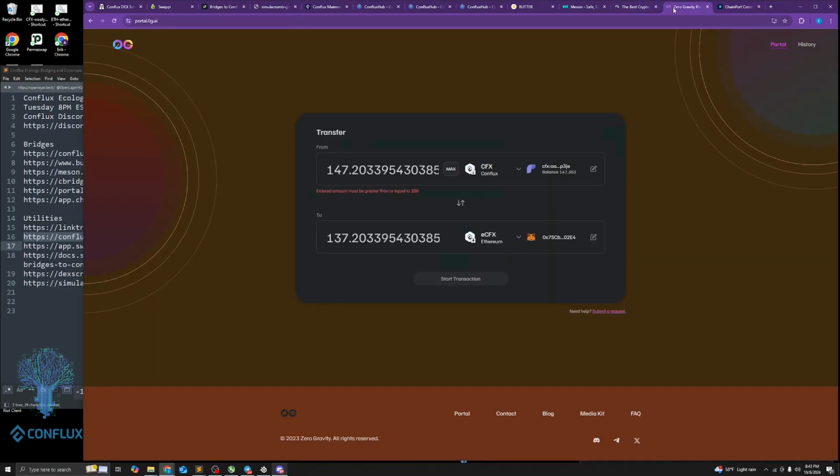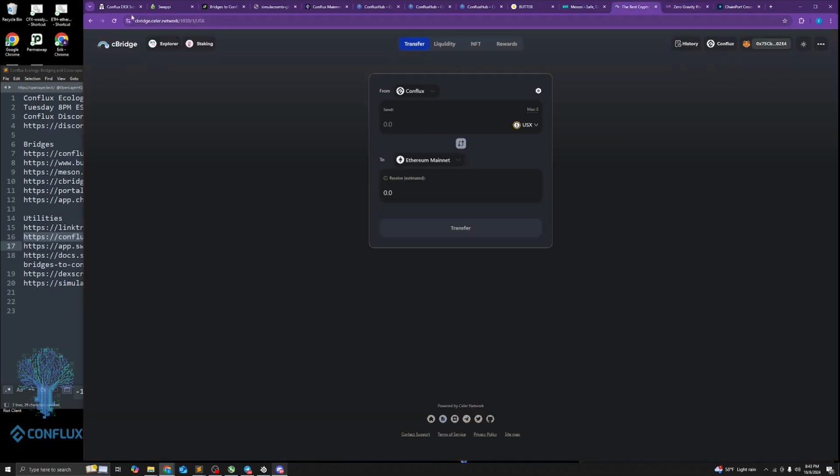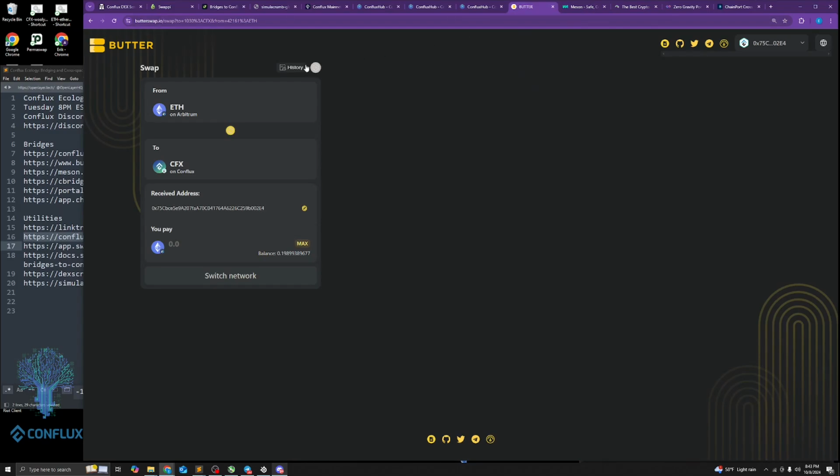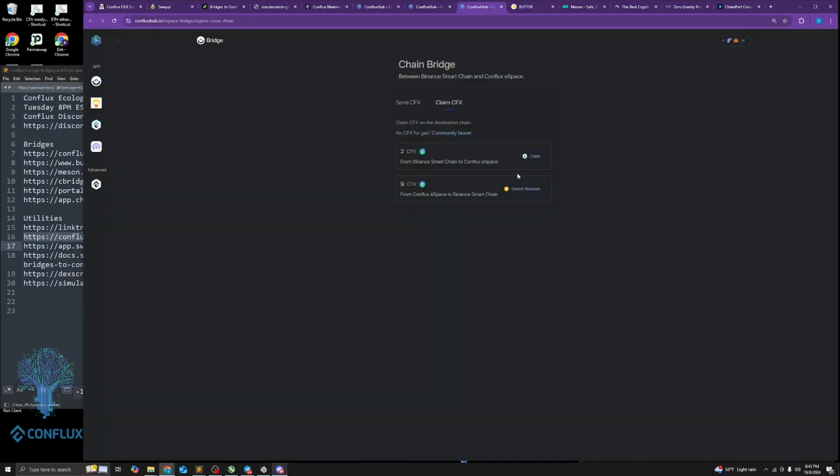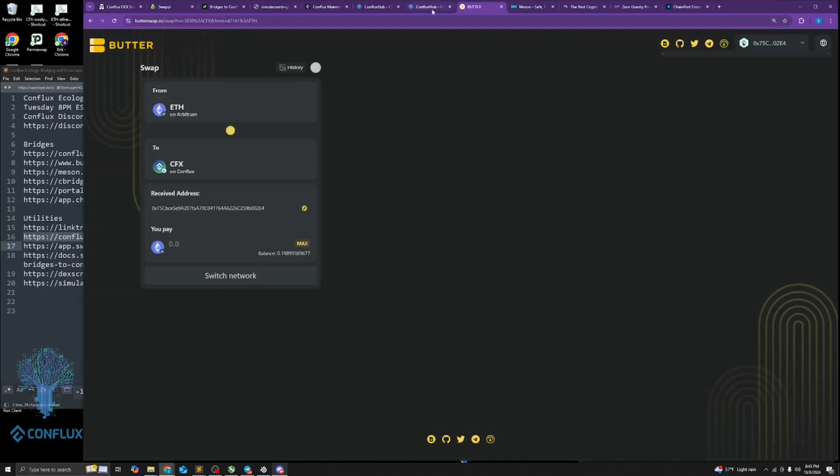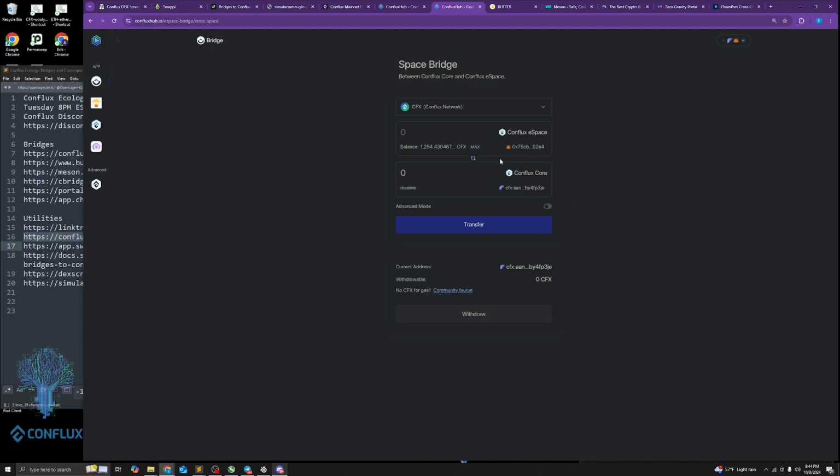Let's see, we covered zero gravity, we covered the big three. So cbridge, meson, and butter, those are my go-tos. And the Conflux Hub, again, is a utility for going to BNB, as well as that's where you go for your cross space.